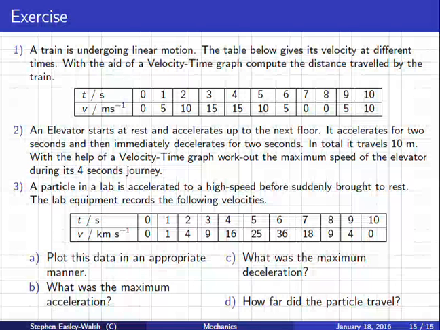So if the boy walks at 10 meters per second, for example, for 2 seconds, after 2 seconds, how far has he travelled? 10 meters per second for 2 seconds. 20 meters. Yeah? Or no? You seem confused. So the boy walks at 10 meters per second, and he does this for 2 seconds.